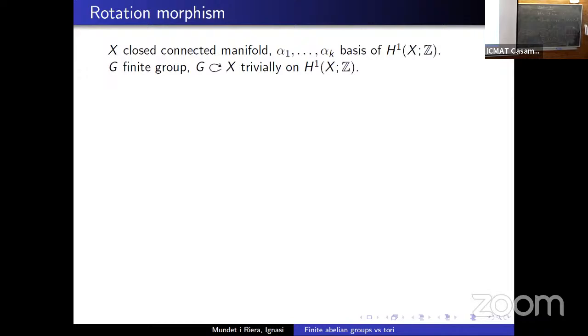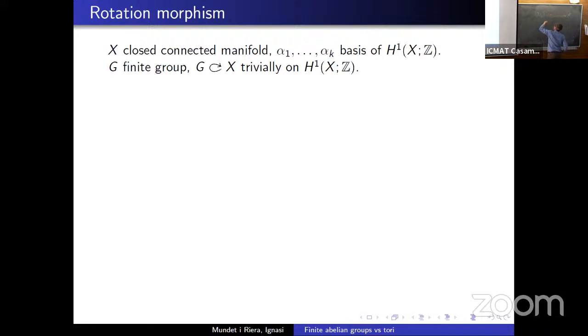So maybe instead of following this, I'm going to sketch the end of the proof. Now there is another construction, which is the so-called rotation morphism, which allows to somehow linearize the action of the groups. So I'm assuming that I have an action of groups of this form here.